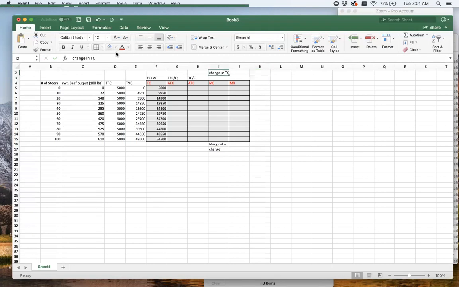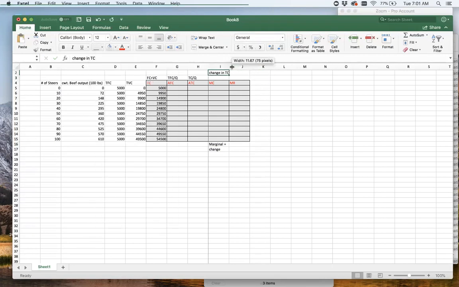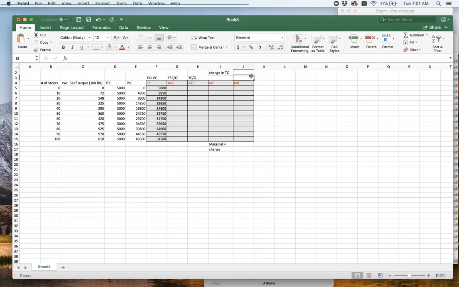I'm going to put a line underneath that to show you that's division. So we're going to look at change in total cost divided by change in the quantity that we produce. So really what you're getting here is not the value at a particular decision level, but the value from going to this level to the next level.